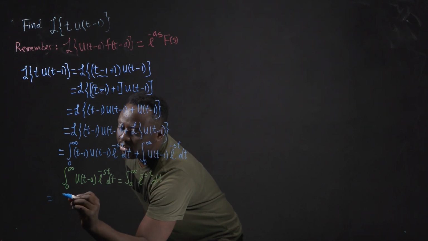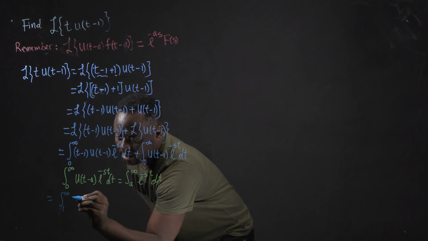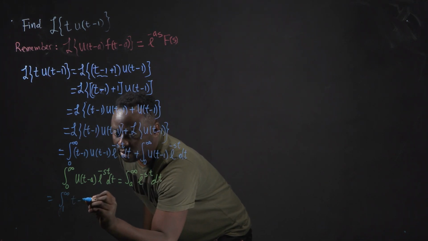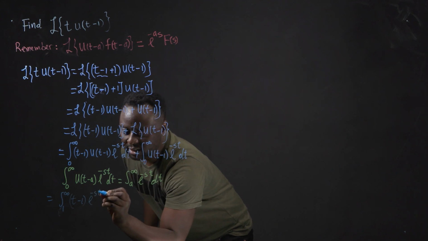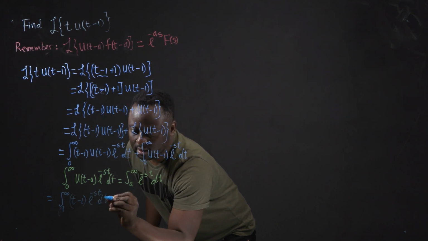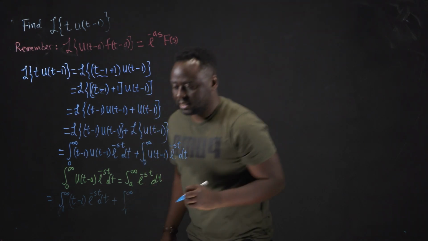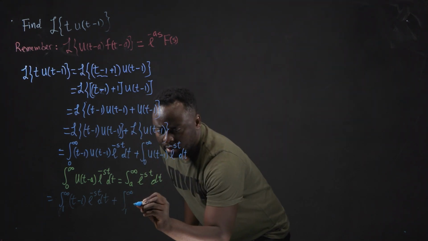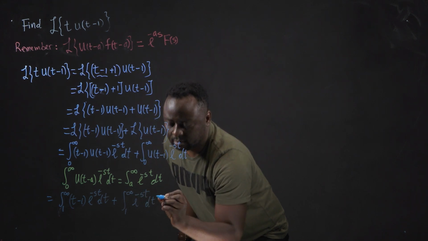This becomes the integral from 1 to infinity of t minus 1 times e to the power minus st dt, plus the integral from 1 to infinity of e to the power minus st dt.